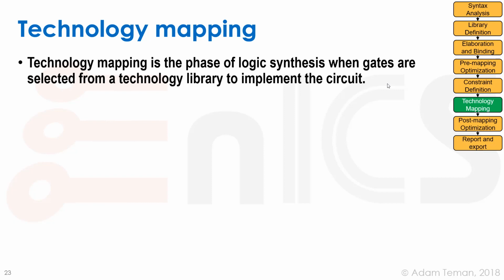Or usually we take generic AND, OR and so forth gates that are inside the code of the synthesis tool, but they don't have things such as drive strengths, and we don't know their size and so forth. They're just a bunch of representative gates, and they allow us to do the different multi-level logic optimization. Now we actually have to go to our standard cell library that we loaded in library definition, in the first part of this lecture, and map our logic to these actual standard cells.